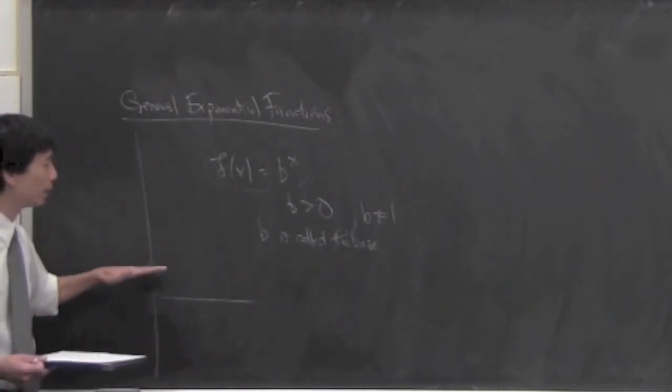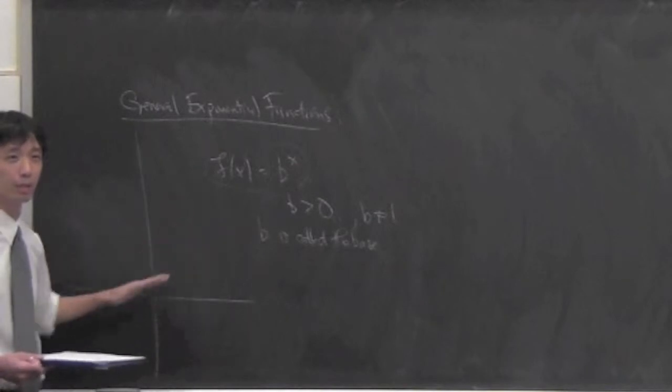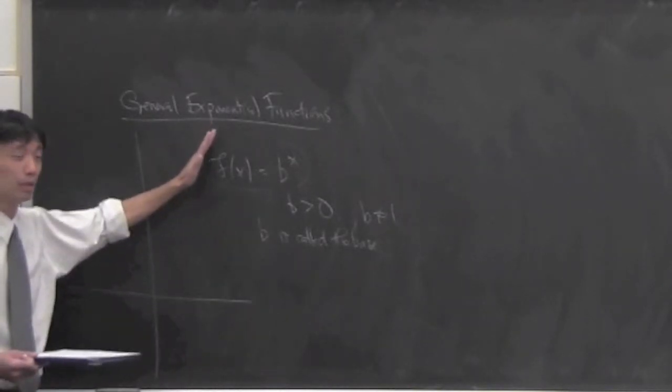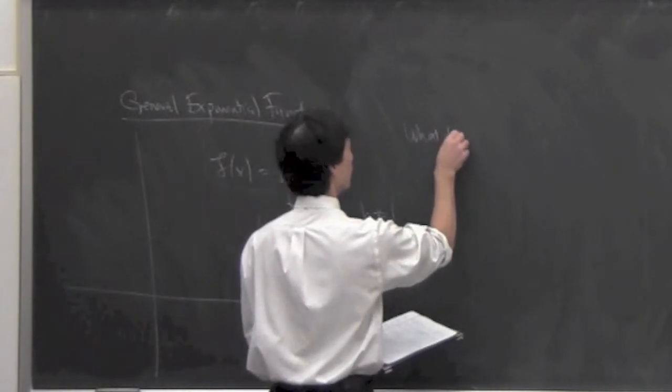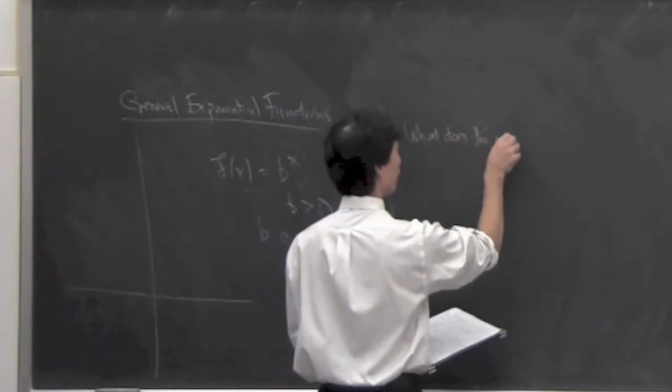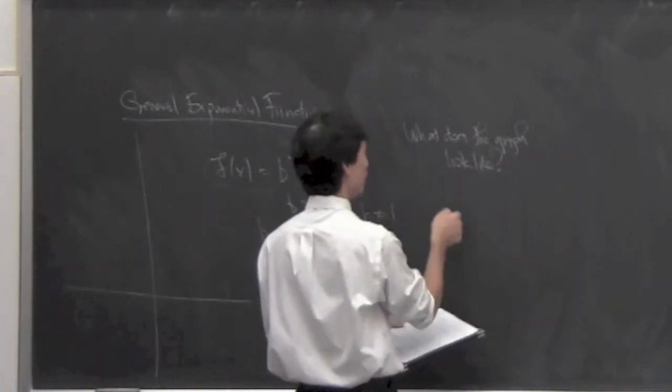If b is bigger than 1, well, it's basically going to look like the 2 to the x function. It'll be an increasing function, right? So what does the graph look like? It depends.